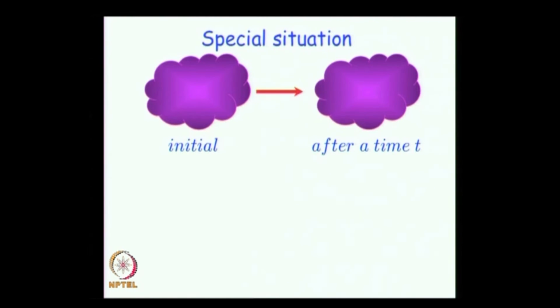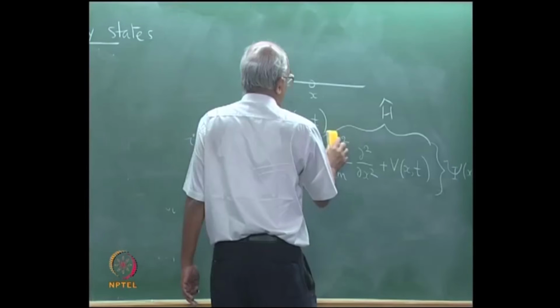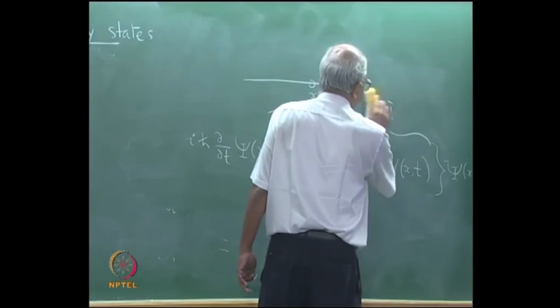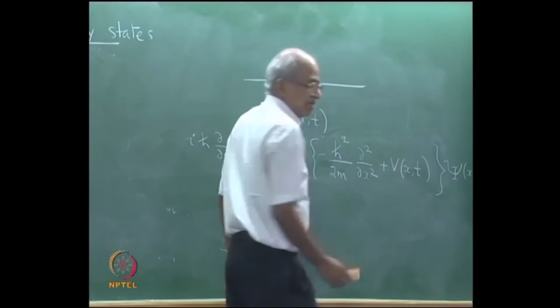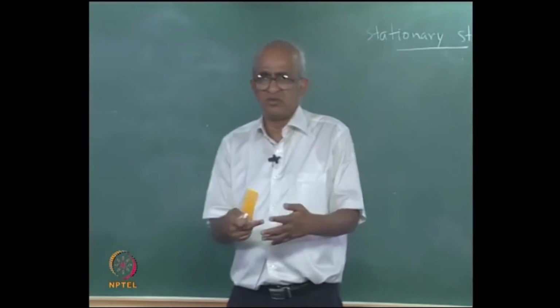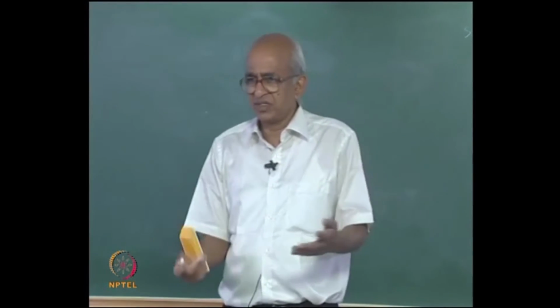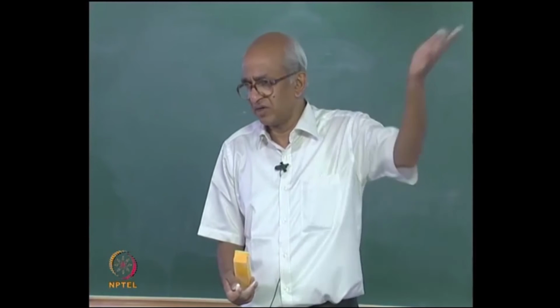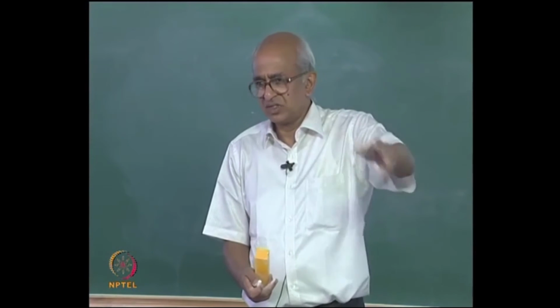First of all, we imagine that the potential energy does not change with time. That means, in this equation, we will think of a one dimensional system, but whatever proof I am going to give you can be generalized very easily to any number of dimensions, whether it is 3 dimensional or a bigger dimensional system.